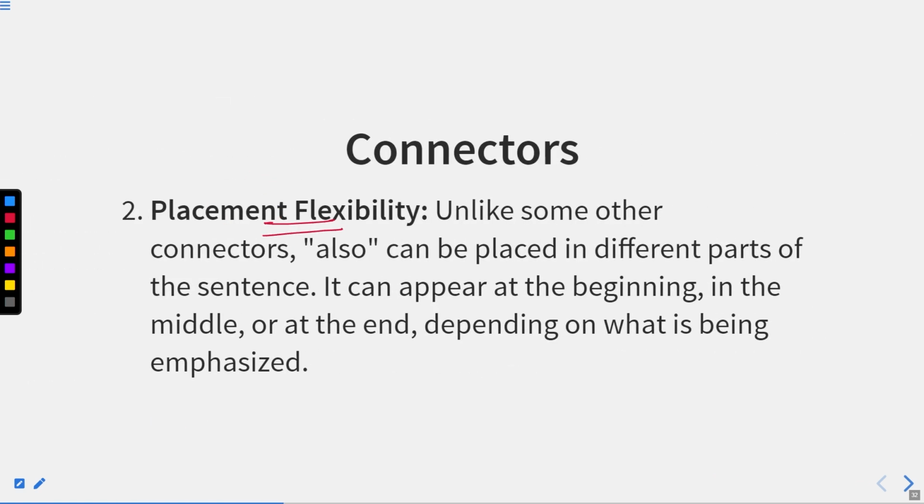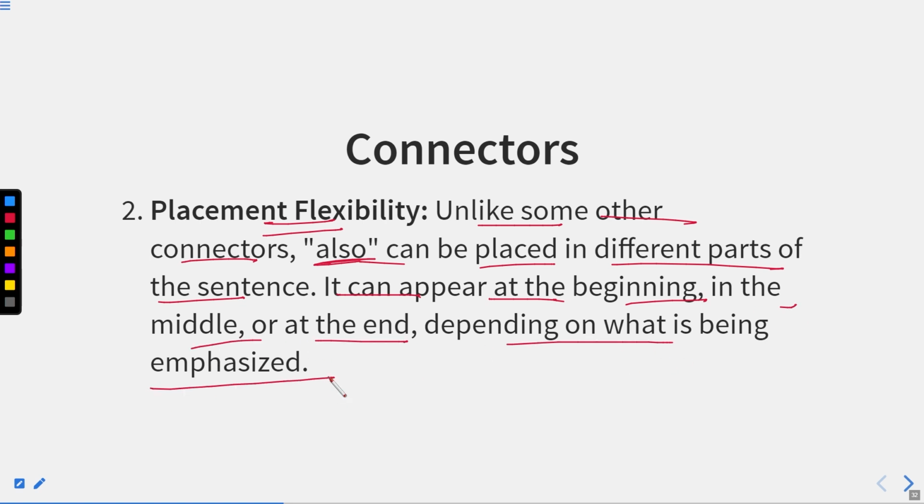Second, placement flexibility. Unlike some other connectors, also can be placed in different parts of a sentence. It can appear at the beginning, in the middle, or at the end, depending on what is being emphasized. But one thing you should remember, that we avoid using also at the end of the sentence. We can use it in the beginning of the sentence, that is fine.